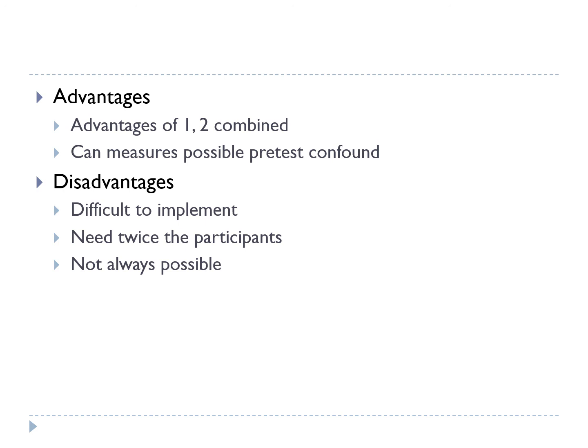And with this particular study, if you have 4 conditions, you need twice the number of participants that you did for the other 2 studies in order to get the same statistical power. So it's a little bit more time-consuming, and it uses more resources. And once again, it's just more difficult to implement because you have more things to juggle.